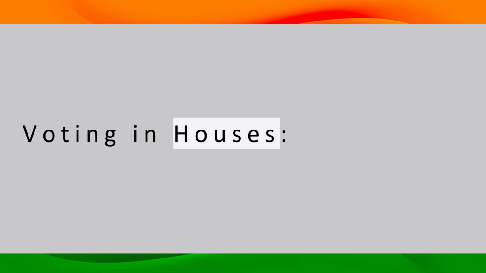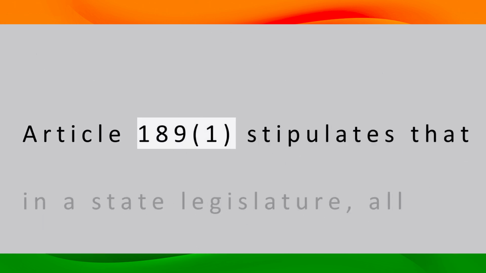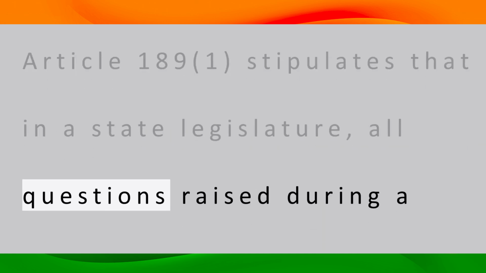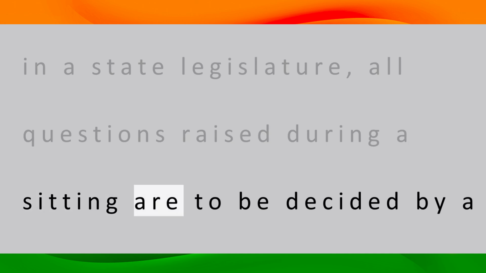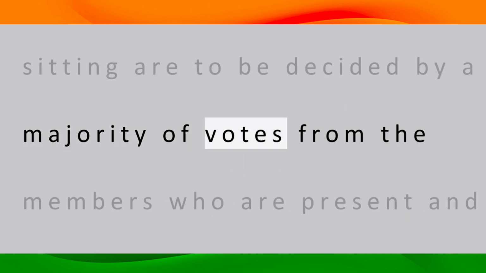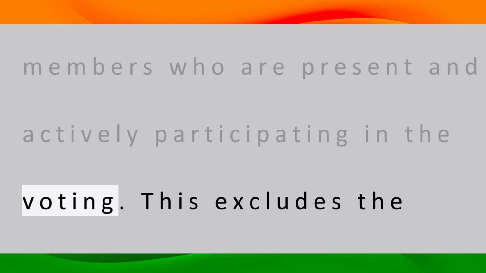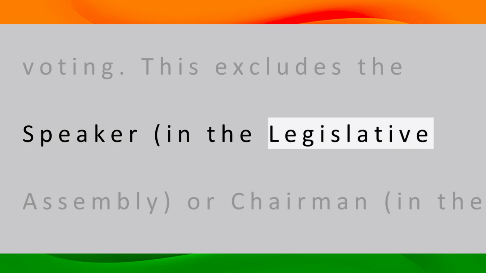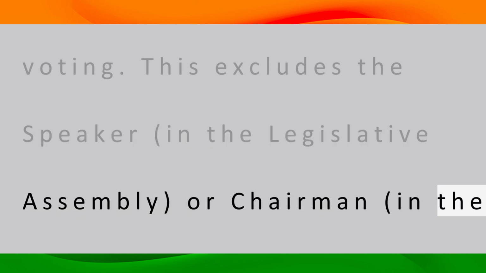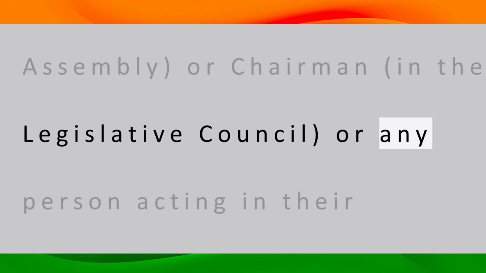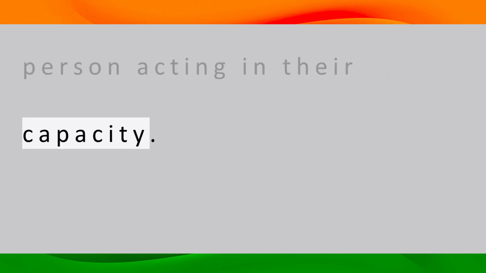Voting in Houses. Article 189(1) stipulates that in a state legislature, all questions raised during a sitting are to be decided by a majority of votes from the members who are present and actively participating in the voting. This excludes the Speaker in the Legislative Assembly or Chairman in the Legislative Council, or any person acting in their capacity.